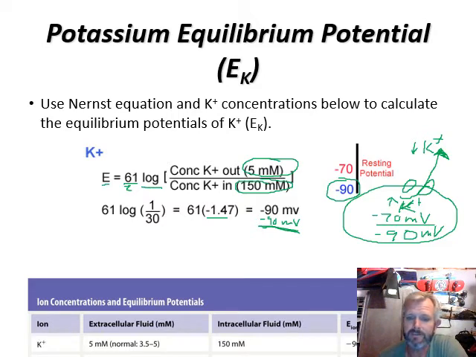For potassium, and these are the physiological numbers in the body, this is typically what the concentration would be outside the cell and what it would be inside the cell. So if we were just permeable to potassium, it would move all the way until it reached negative 90 millivolts.